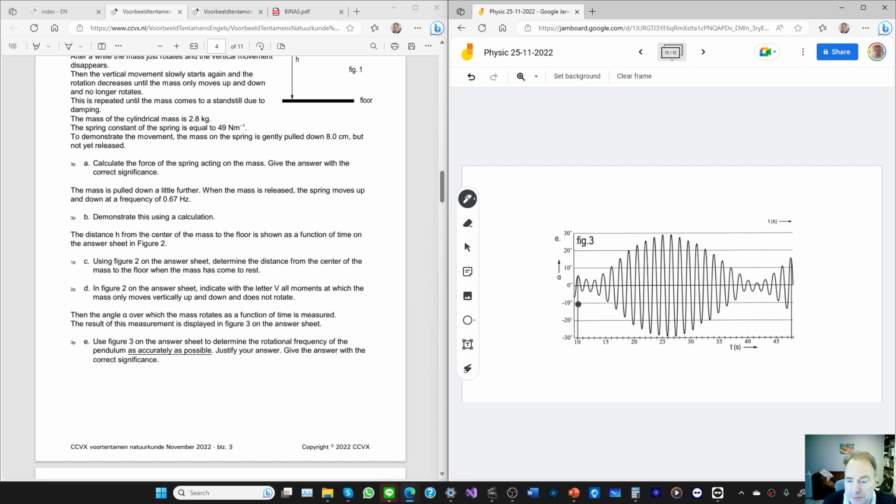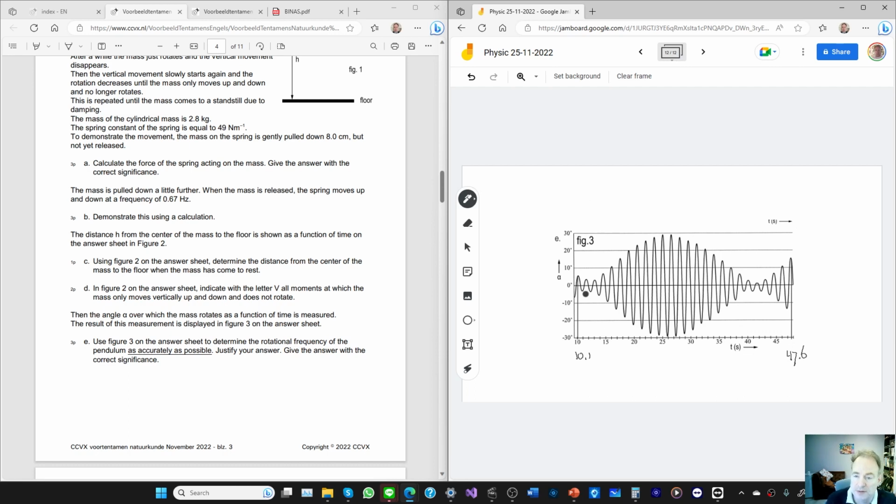Okay, and then we find one grid unit is exactly 1 second. So this is about 10.1, and this is 45, 46, 47, 47.6.